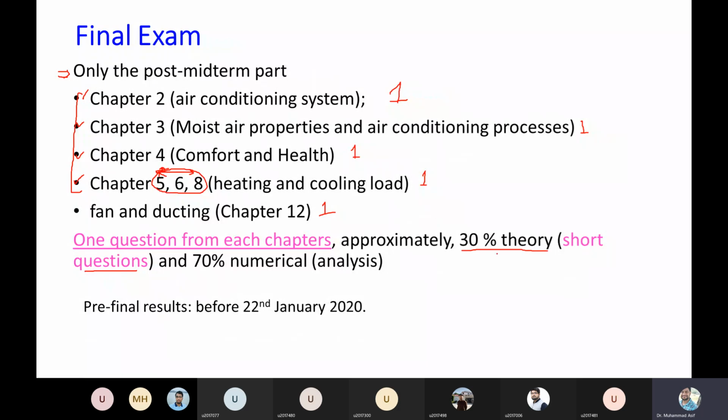That 30% will be short questions related to the theory, and 70% will be numerical analysis, right? And I hope that you will get your complete pre-final results before 22nd January 2020.